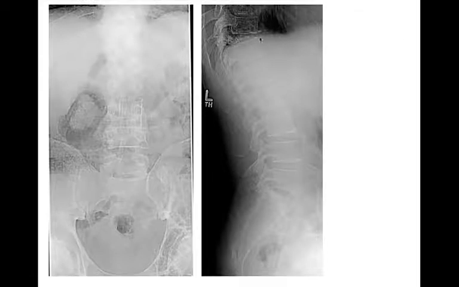There's a short differential for vertebra plana. On that list are mets and myeloma, so clearly this is a polyostotic process. In this case, this patient had multiple myeloma causing the vertebra plana and the involvement of the pelvis.